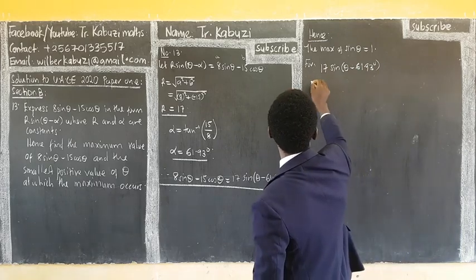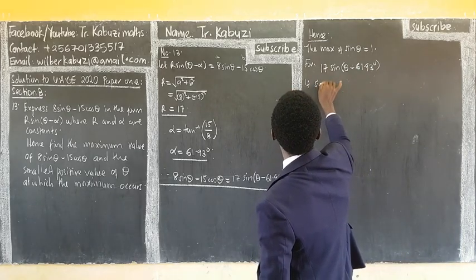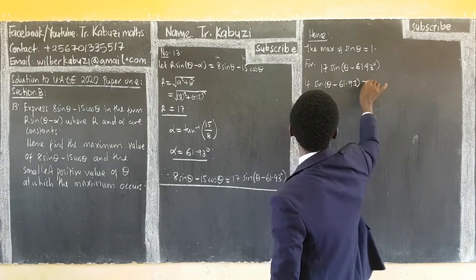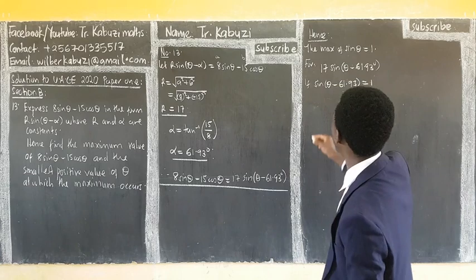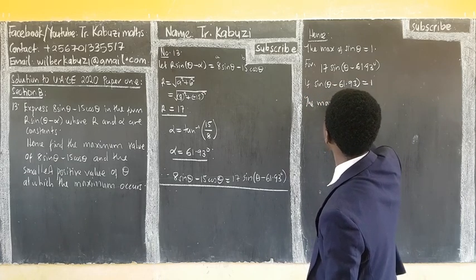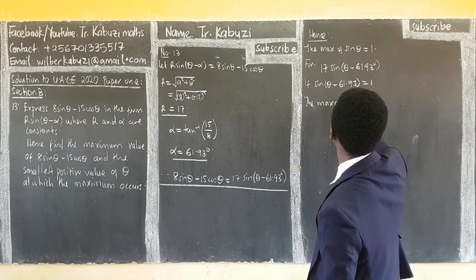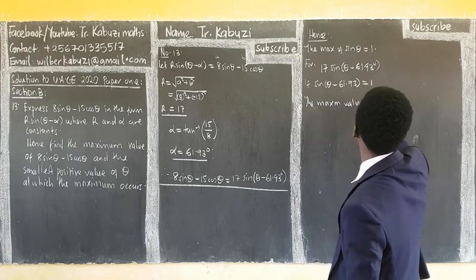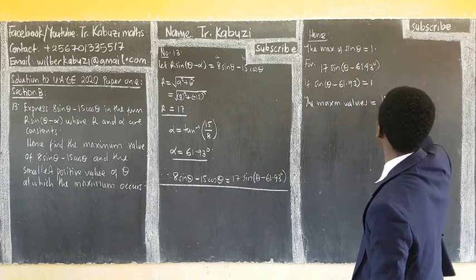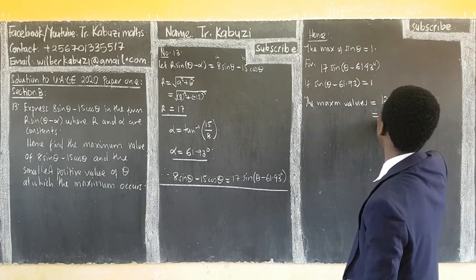So if sine of theta minus 61.93 is equal to 1, then the maximum value is going to be 17 into, where the whole of this is 1. It is going to be 17.